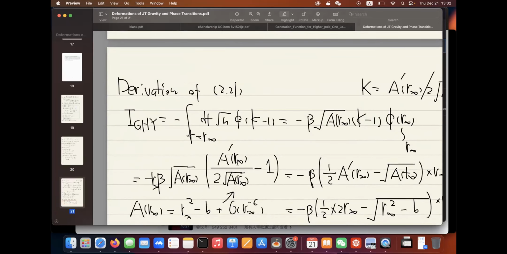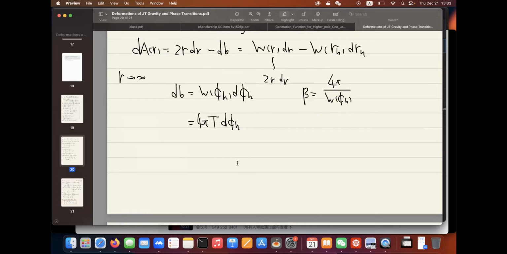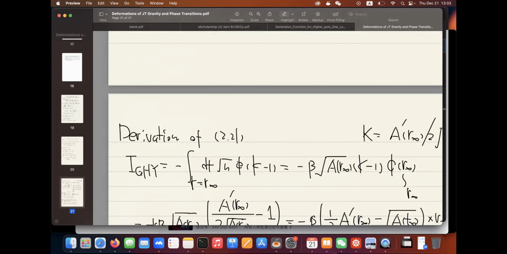Now we need to derive it. It's quite straightforward. You just put the solution back into the action. That's because at the classical level, the logarithm of the partition function should be equal to the free energy.